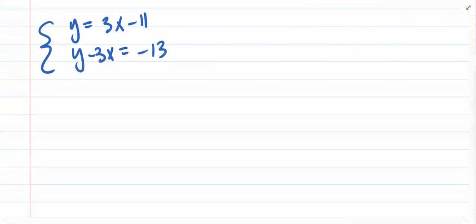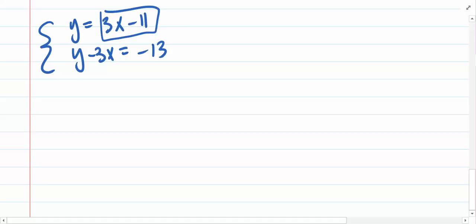How much is every y worth? It's worth 3x minus 11. So if I'm in the mindset of substitution, I'm going to substitute it right there. So I'm going to get 3x minus 11 minus 3x is worth negative 13. Does anything cancel out on the left-hand side? So I get negative 11 is worth negative 13.